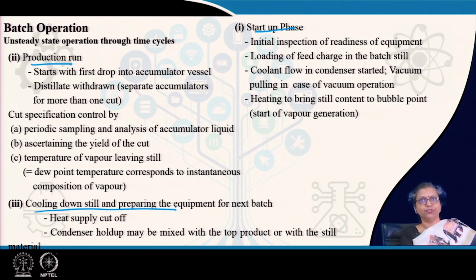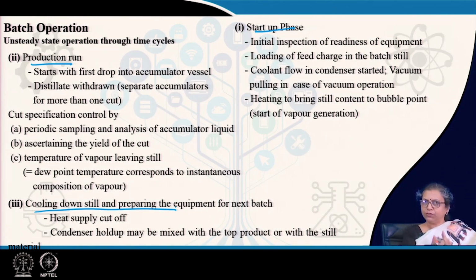And if it is a vacuum operation, then the vacuum pulling also has to start from the very beginning itself, because if the vacuum is started suddenly at some intermediate point, then it may lead to excessive vaporization. After we have started everything, we start heating the still. As long as the heating continues and vapor is being generated, but nothing is collecting in the accumulator, it is the startup phase.